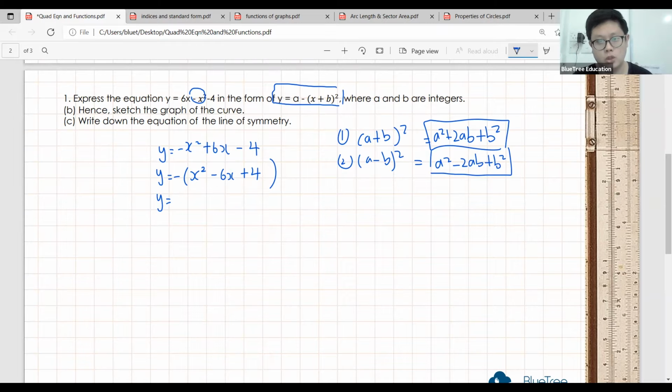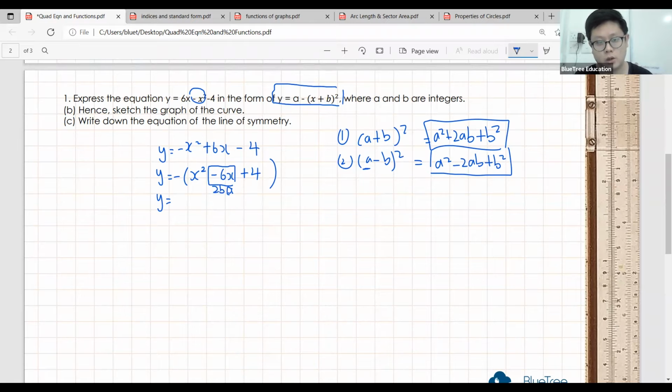So how would you know which one is to be used? First of all, like I said, you must make sure that the coefficient of the x squared is removed, so that x will represent the a. And then this term here that has x is going to be 2ab, or rather, if x is a, then the 6, the coefficient of x, is basically 2b.